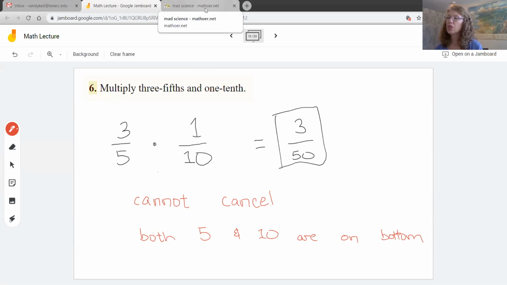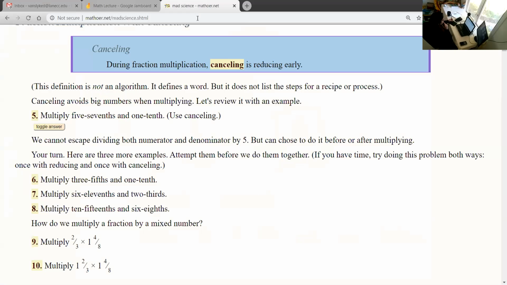So if you're reducing early, it's always going to be top on the left and bottom on the right. No, it doesn't have to be like that. So let's look at this.